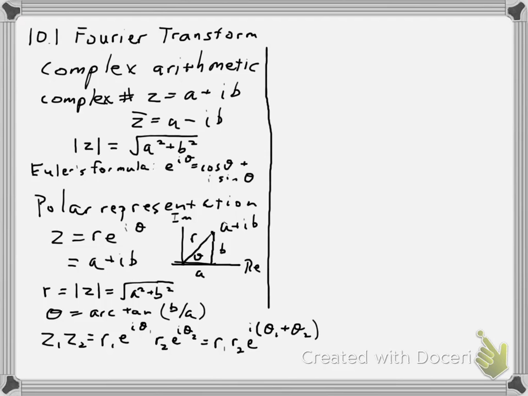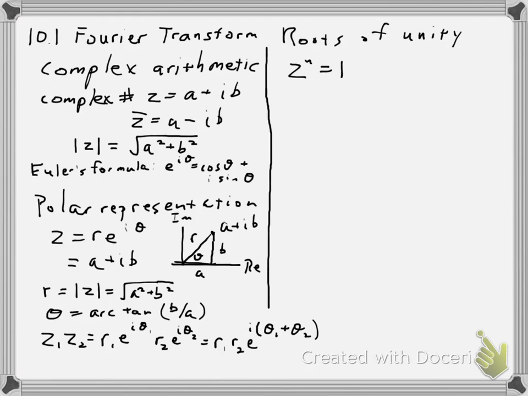The next topic is on roots of unity. Imagine we have an equation z to the n equals 1, or if you wanted to think of this as z to the n minus 1 equals 0.